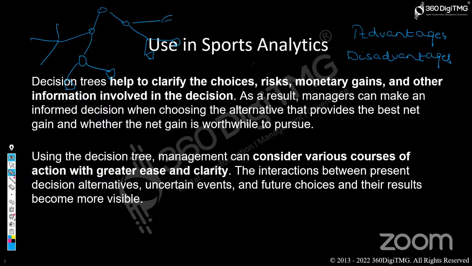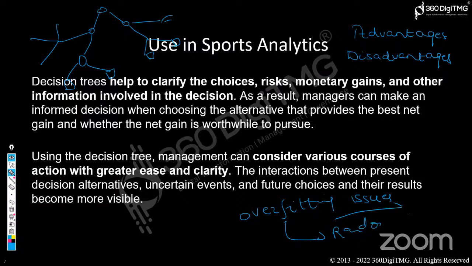When it becomes complex, then what? It will have overfitting issues. That is a big issue. But if you have an overfitting issue, again, it could be resolved using random forest. But again, we should consider that as a disadvantage.